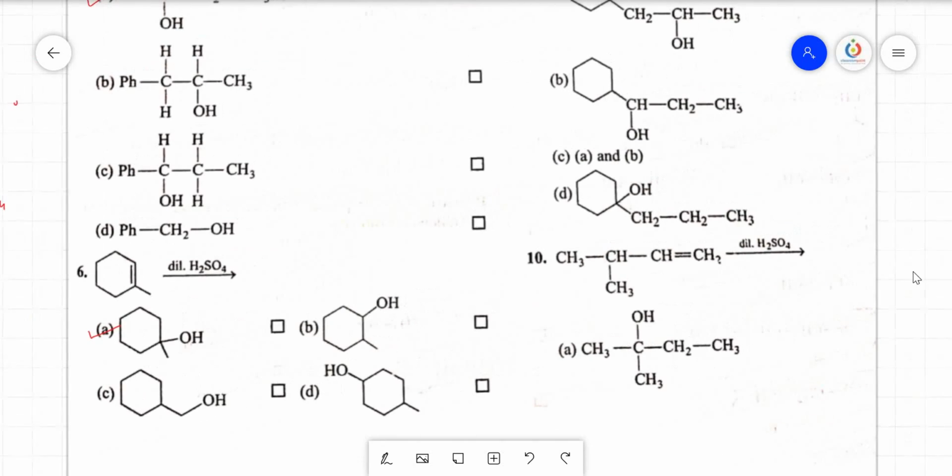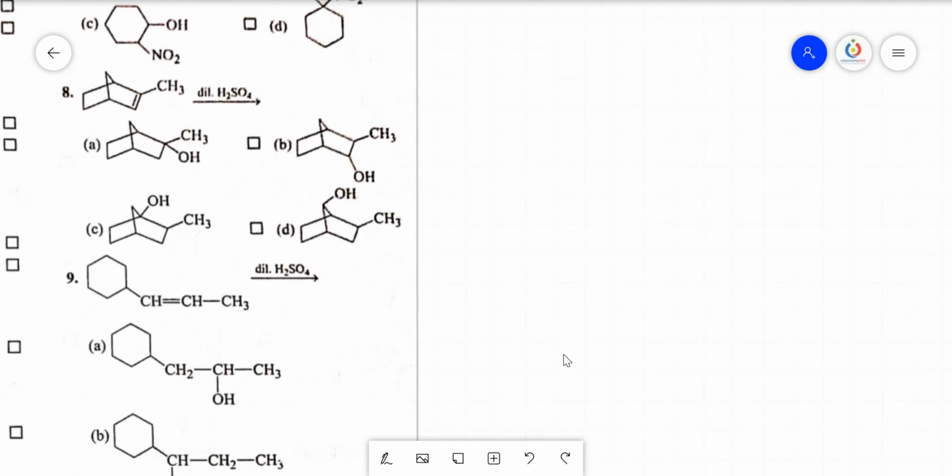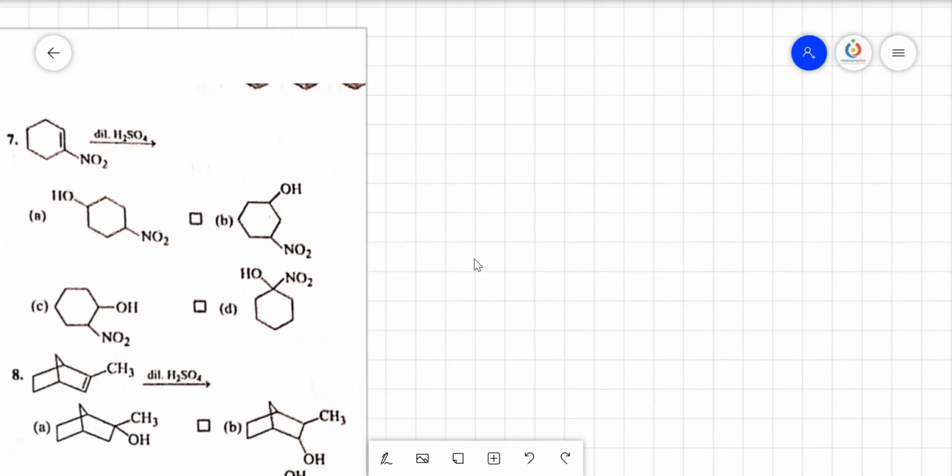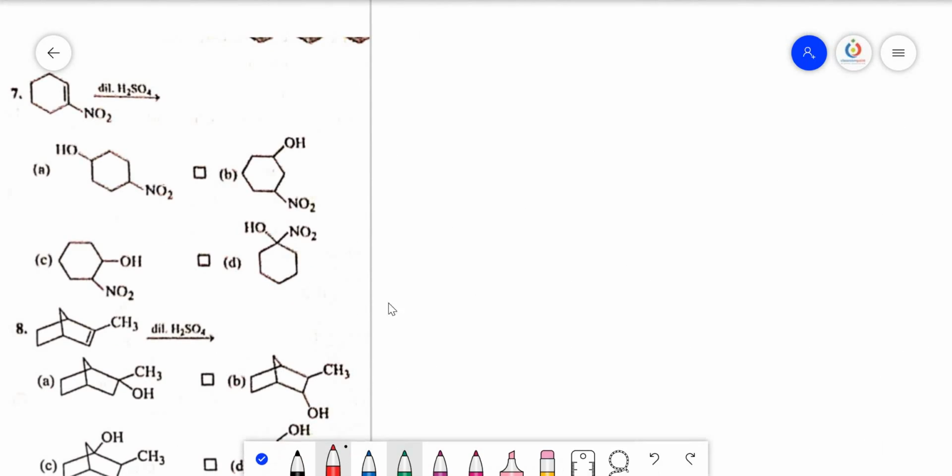Now let us see some other questions. Question number 7 here. In this question, the cyclohexene part has a nitro group. This is one of the important compounds. It generally does not follow Markovnikov's rule.